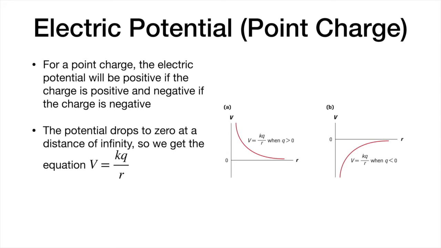And so this is the idea. If we have a positive test charge, we're asking, well, what does a positive charge want to do? If we already have a positive charge and we try to put a positive charge near to it, well, they'll want to repel each other. So imagine it's like a marble sliding down a ramp, right?